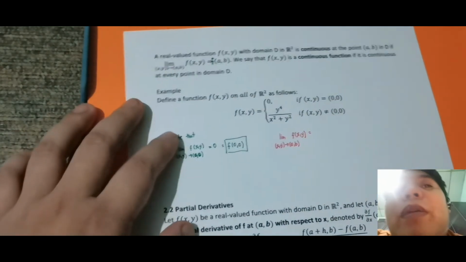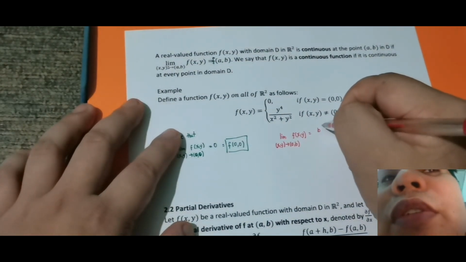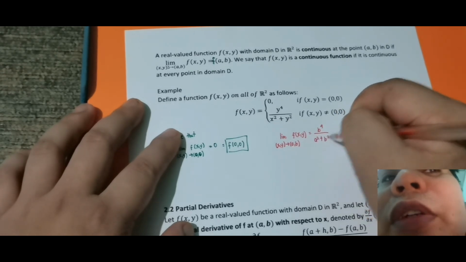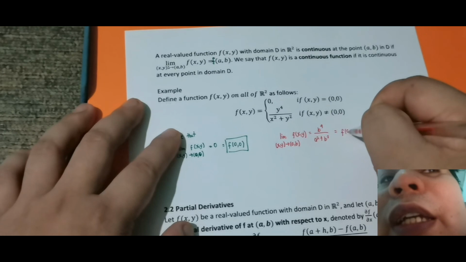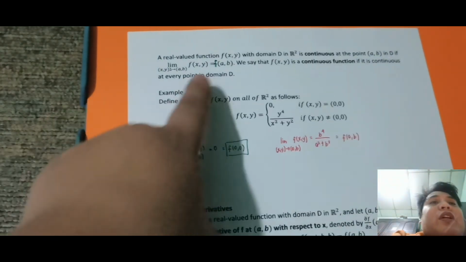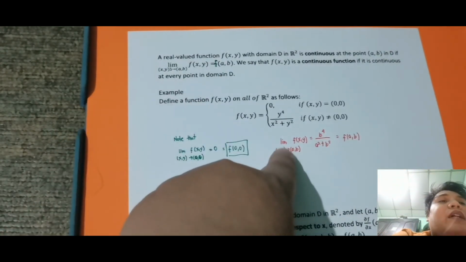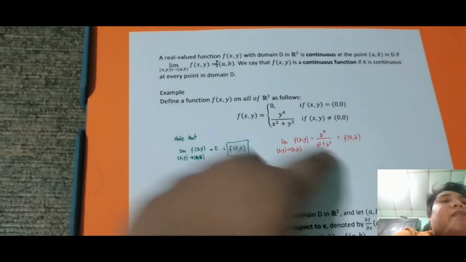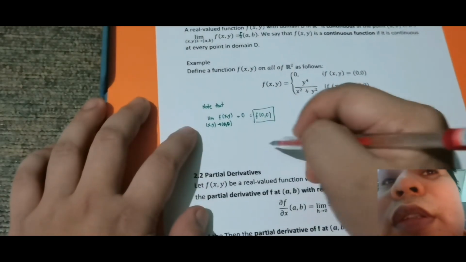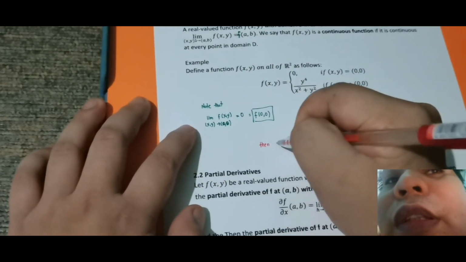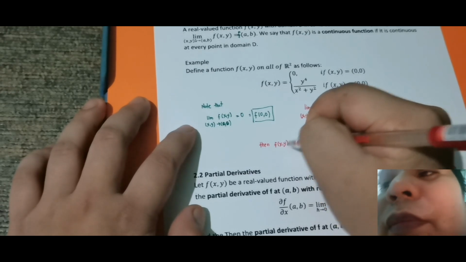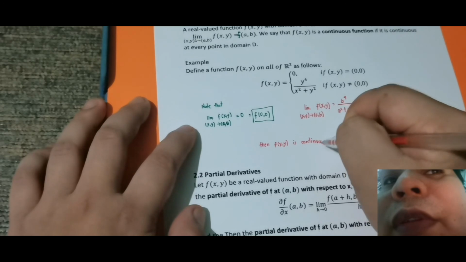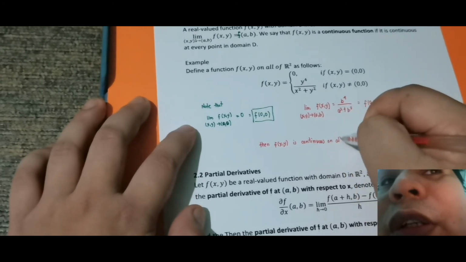Yung b is magiging b to the fourth, kasi y to the fourth yun, all over a squared plus b squared, which is just equal lang sa f of a comma b, which is ayun din yung nakuha natin. So again, yung limit niya, pag 0 comma 0 is f of 0 comma 0, a comma b, that is f of a comma b. So therefore, then, f of x comma y is continuous on all of R squared.